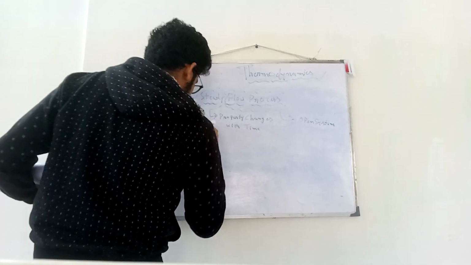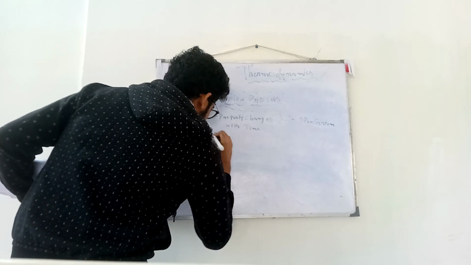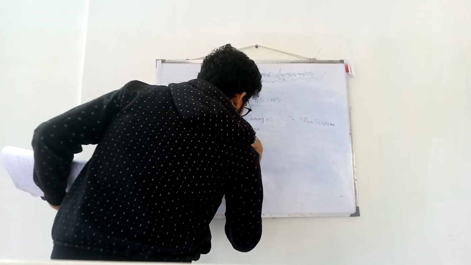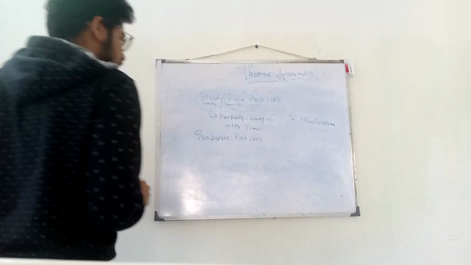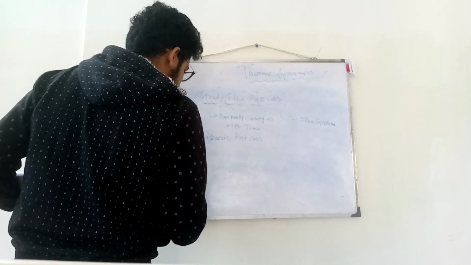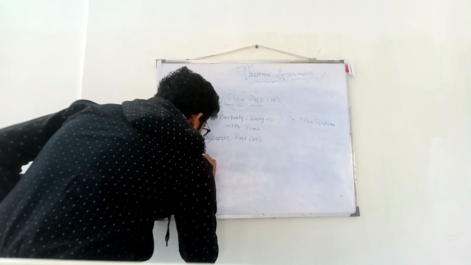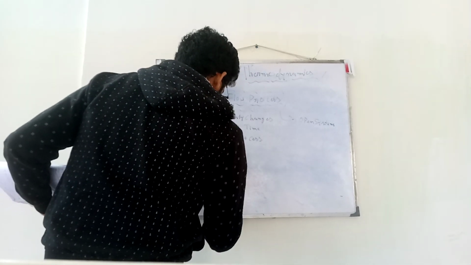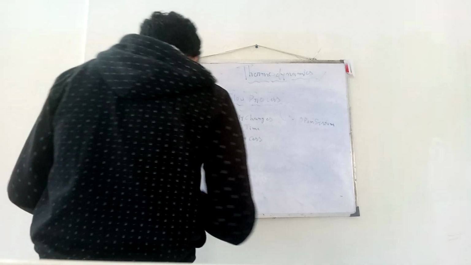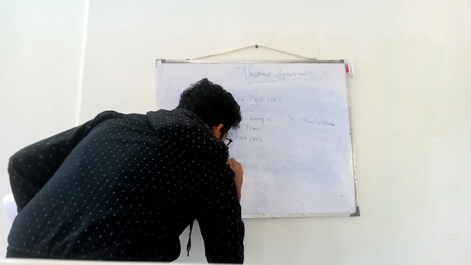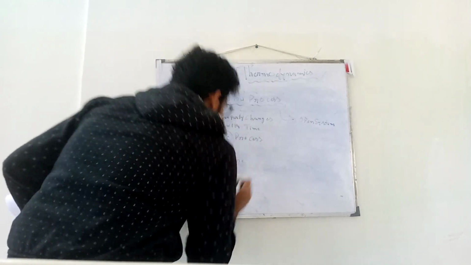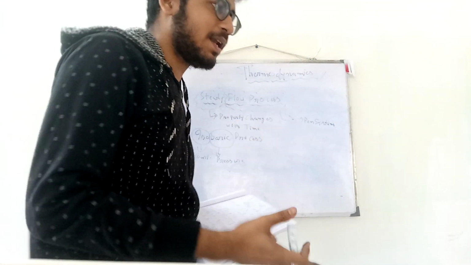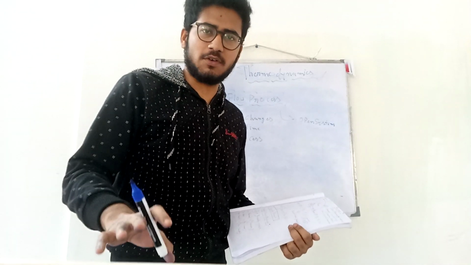Suppose if I talk about isobaric process. Isobaric process means constant pressure. That means in isobaric process the pressure will remain constant but the temperature and volume will not remain constant.